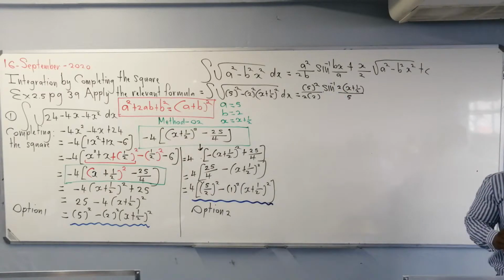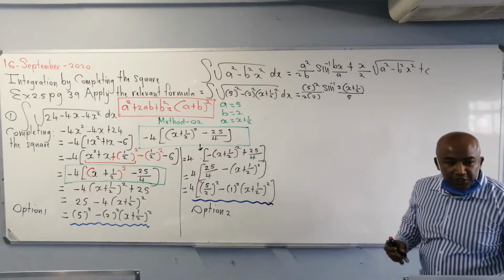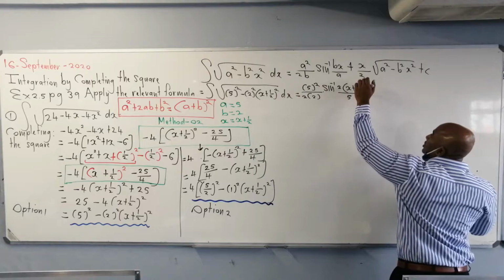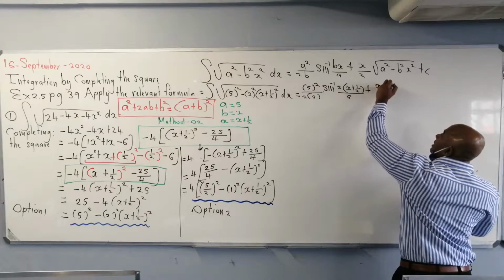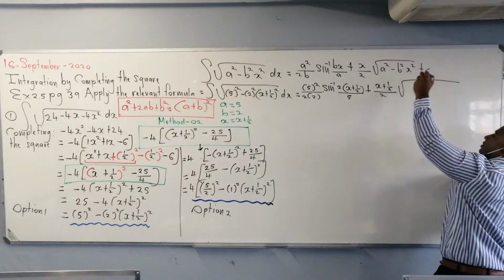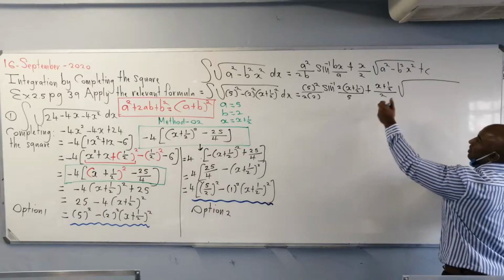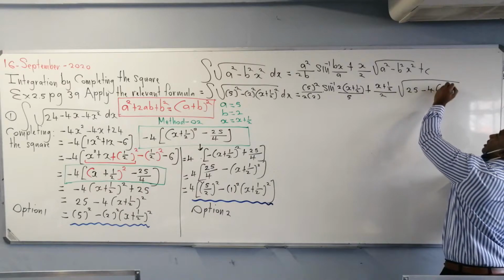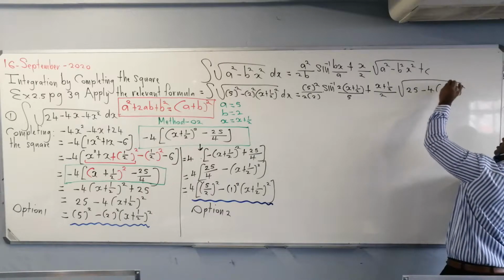All I'm doing is, this is the easy part, substituting. So now we got plus x over 2, x is x plus 1 over 2, divided by 2 times the square root of the same thing that we just have there now, which is 25 minus 4 times x plus 1 over 2 all squared.